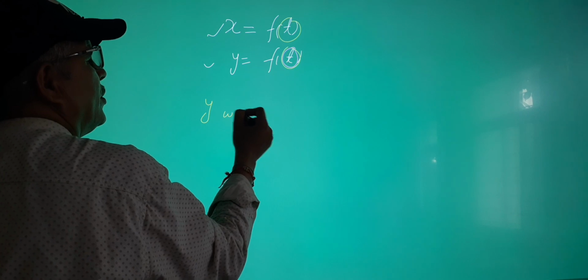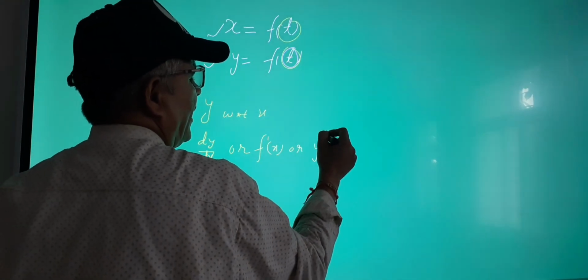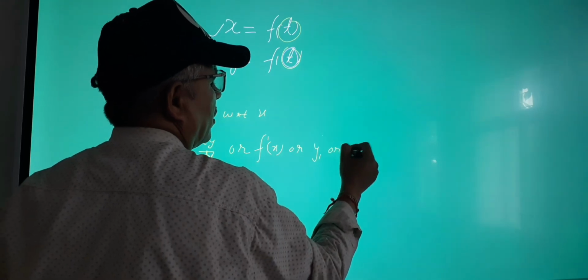Okay. So now how will you differentiate? Today I am going to tell you. As you know very well, if we differentiate y with respect to x, we simply write it as dy by dx, or f dash x, or y1, or y dash.